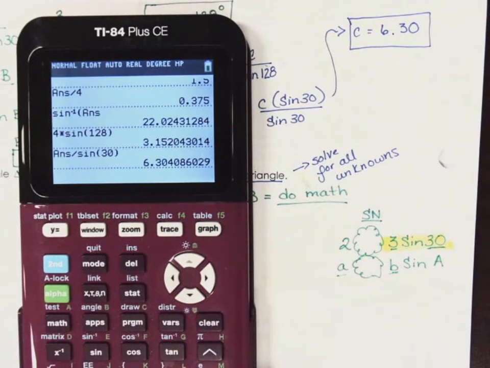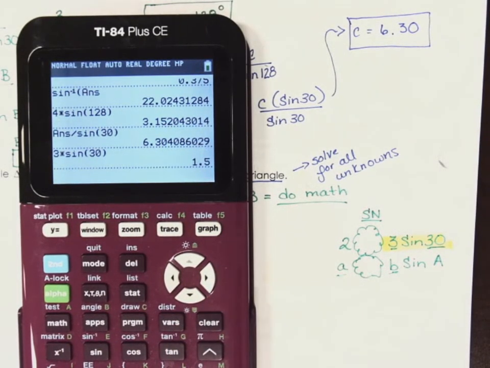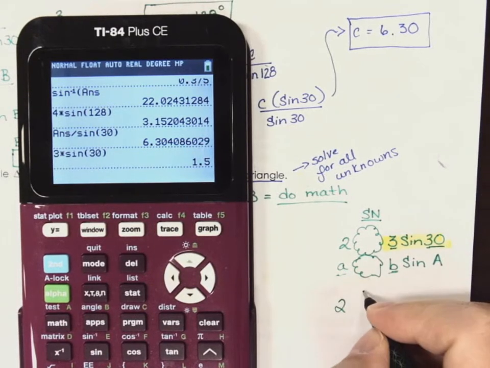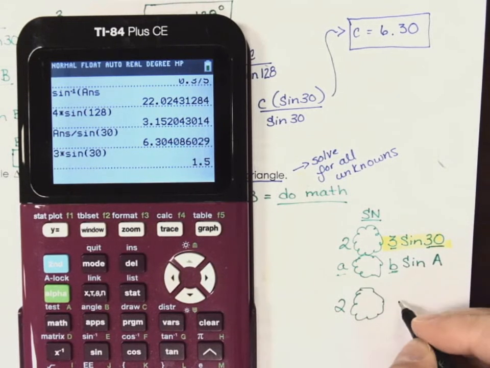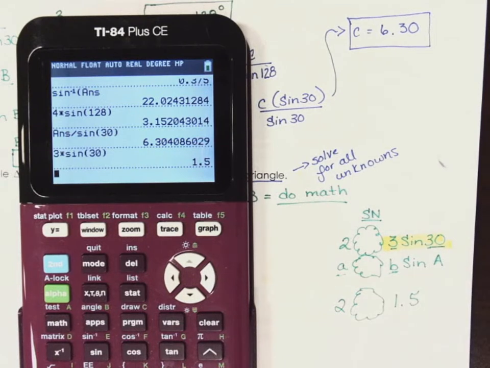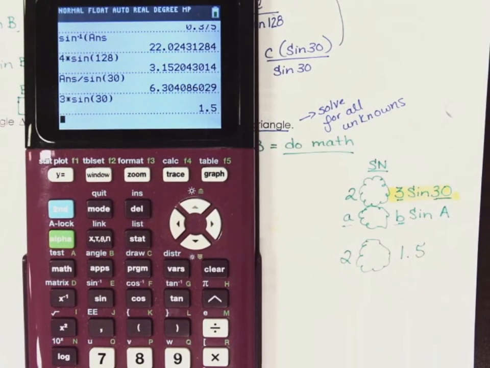So 3 times sine 30 is going to give me 1.5. So I have 2 fluffy cloud 1.5. So you've got some choices. Is it greater than? Is it equal to? Or is it less than? That's sine of 30. You didn't times it by 2.